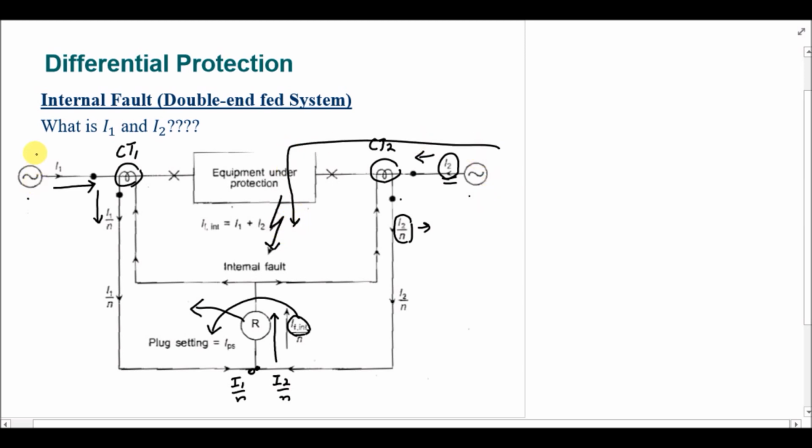One is from generator number 1, the other one is from generator number 2, and that fault current is replicated in the differential protection scheme as the fault current flowing through the relay is the summation of both the currents, one from generator number 1 and the other one from generator number 2, and that value will always be greater than the plug setting of the overcurrent relay.